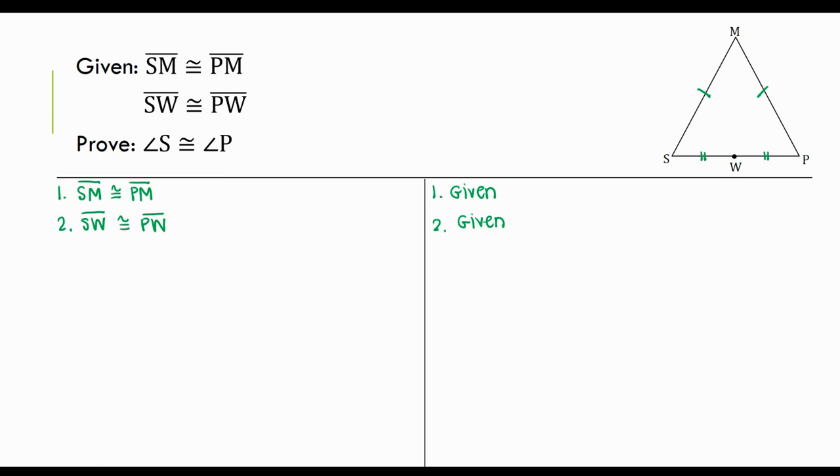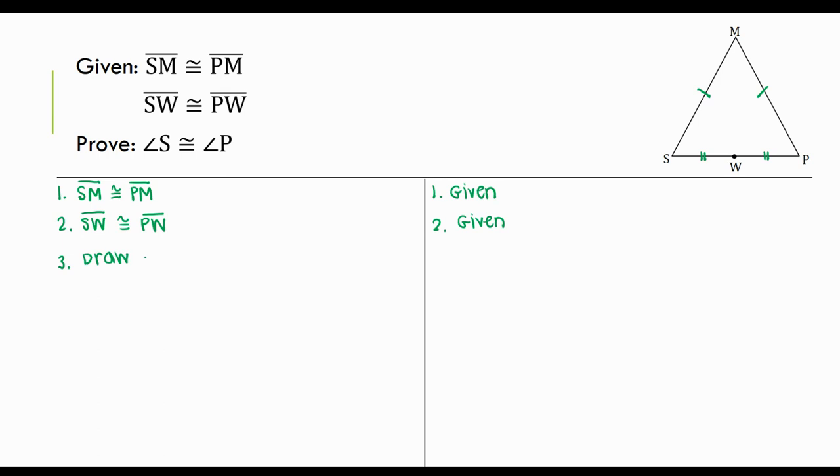Now, in this problem, I only see one triangle. I see the triangle SMP. But I want to try to prove congruent triangles so I can then eventually get to what I'm trying to conclude. Notice that I can create two triangles by creating an auxiliary line.